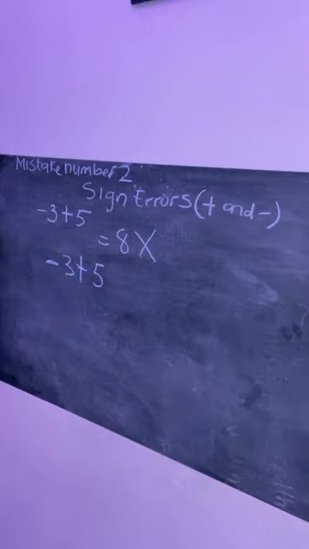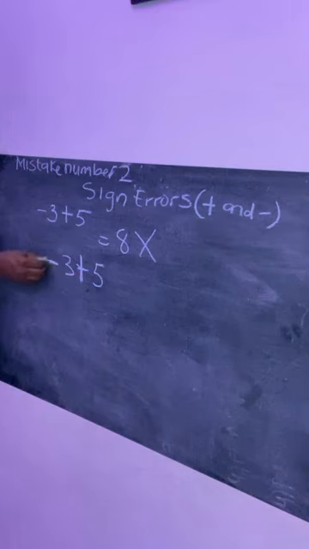In a layman's explanation, you say, I borrowed 3 naira. Whenever you see a minus, it means you borrowed something from someone. I borrowed 3 and I have 5. So what do I have left? Or for instance, positive here stands for what you have.